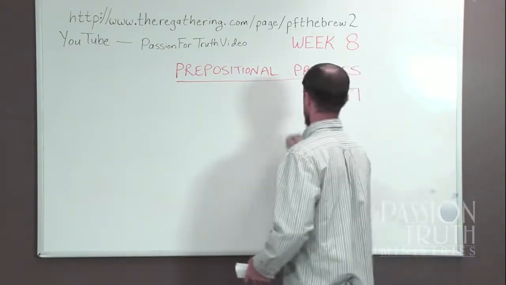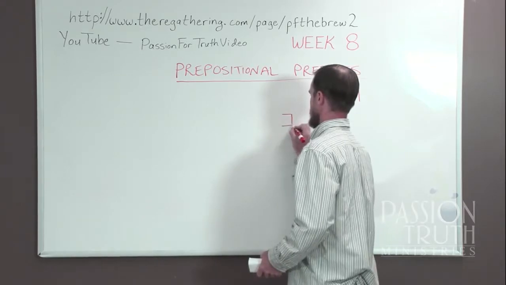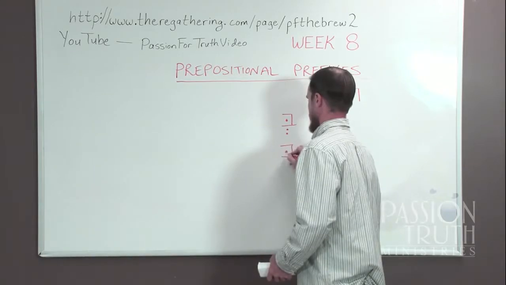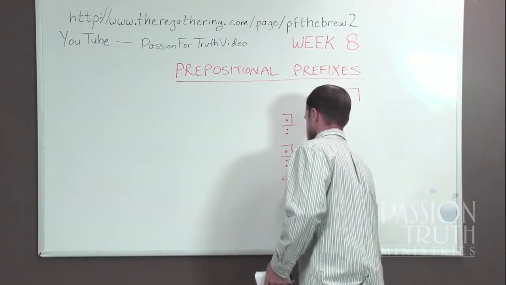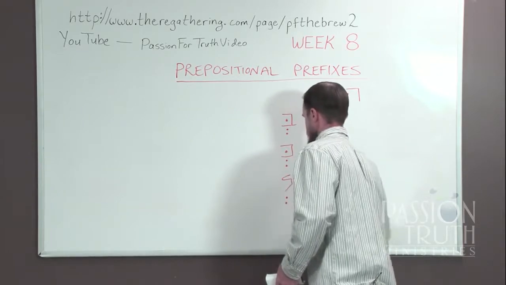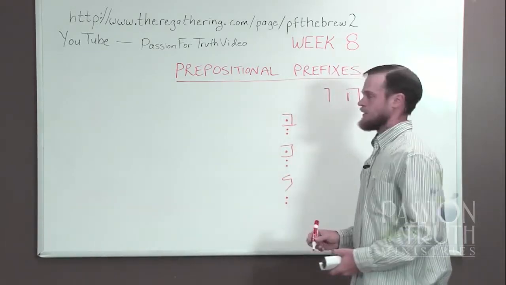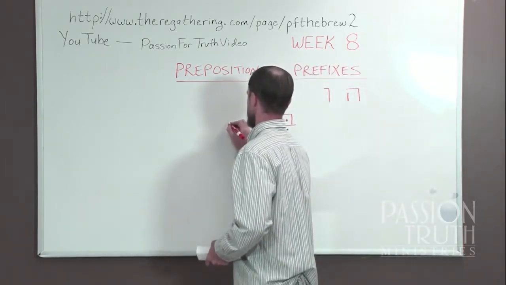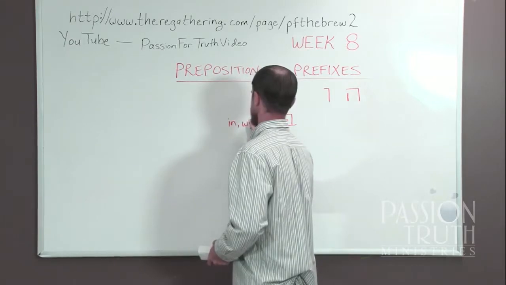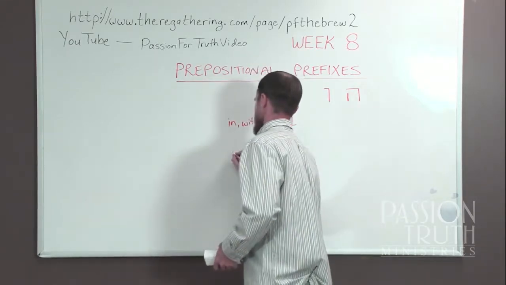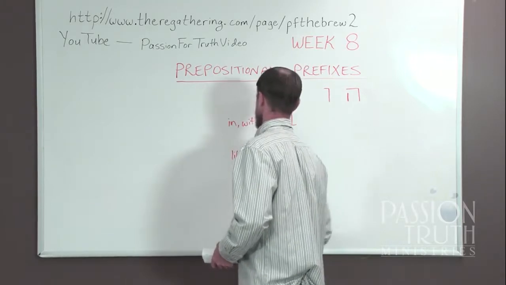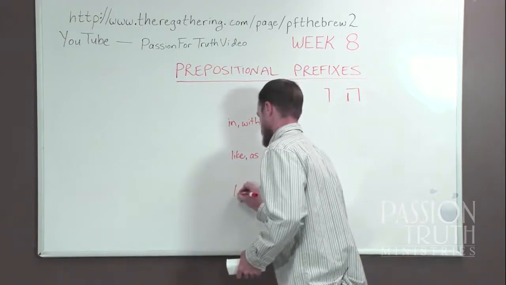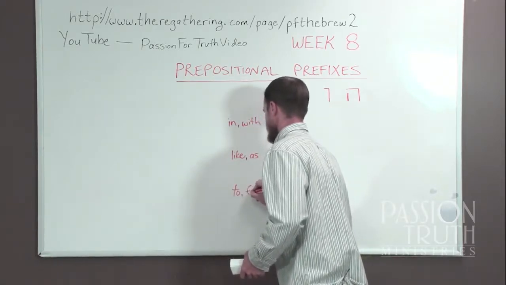Then last week we went over the bait prefix, the kaf prefix, and the lamed prefix. All right, and bait as a prefix means in or with. Kaf as a prefix means like, as, similar to. And lamed as a prefix means to or for.